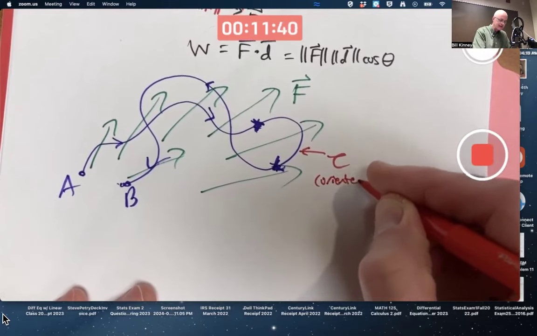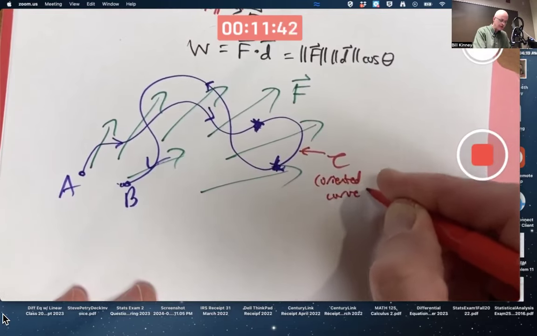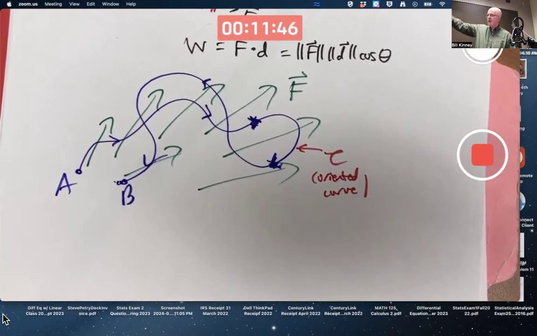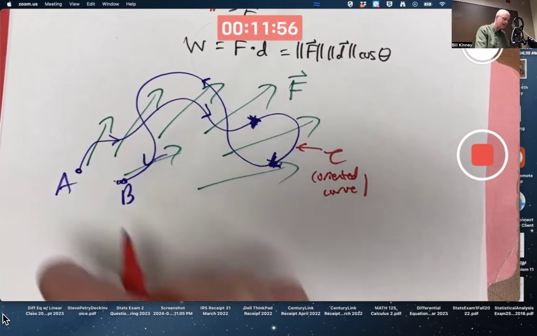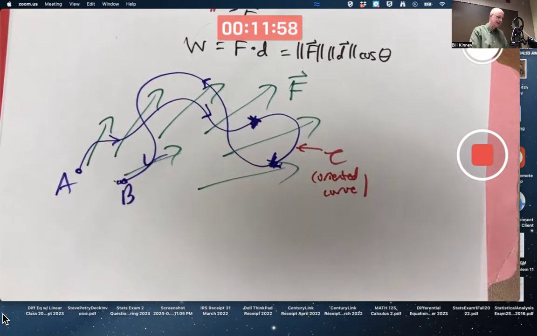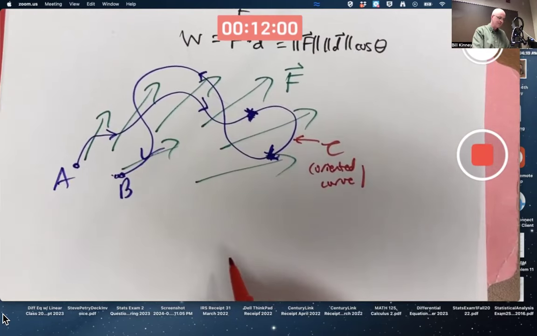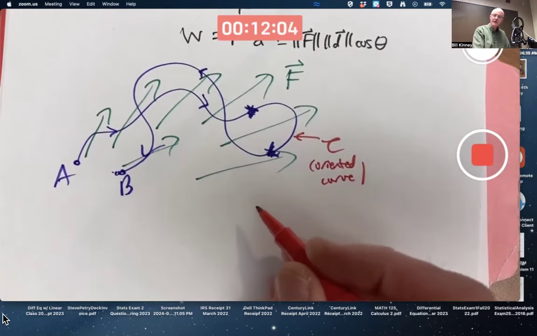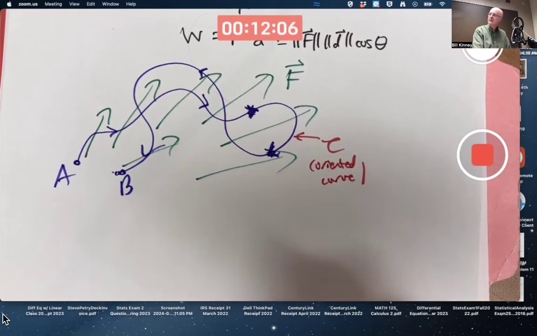In calling it an oriented curve, I mean it has an orientation. There are arrows showing a direction. That happens with parametric curves as well, when we assume time moves forward instead of backwards. That's the motion as time increases. And yeah, you do a line integral of F over this curve, is what you end up doing to figure out the work. Why?